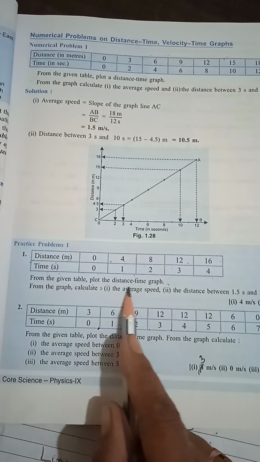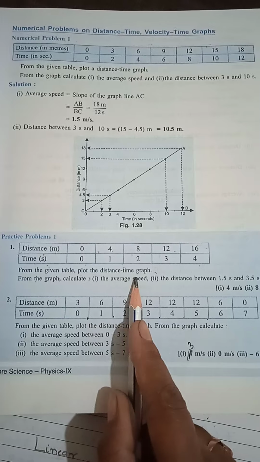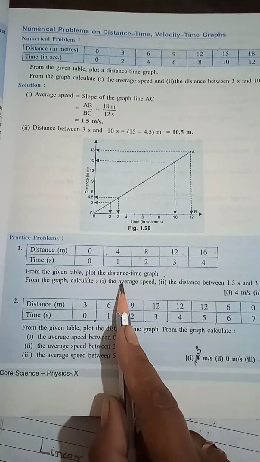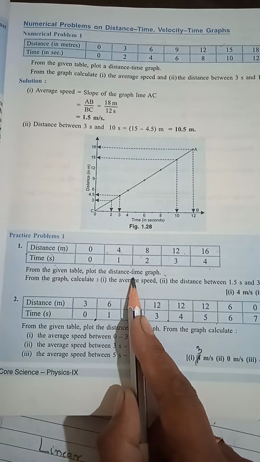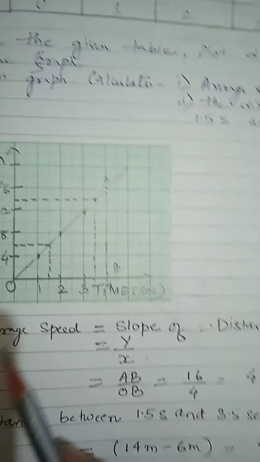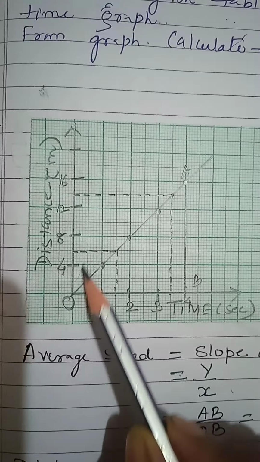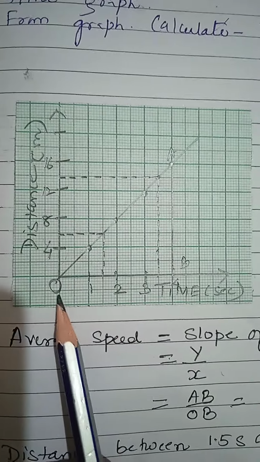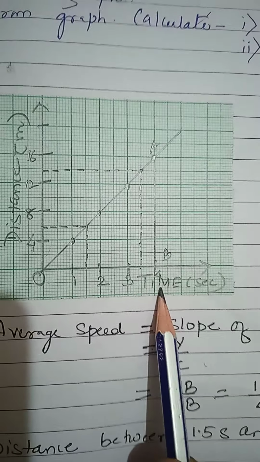Now whenever you are plotting the graph, you need a graph paper. So distance time graph, I already explained, whenever you plot the graph, you have to take time along x-axis and distance along y-axis. See here, I have taken time along x-axis and distance along y-axis. Now, the time values are given 0, 1, 2, 3 and 4.